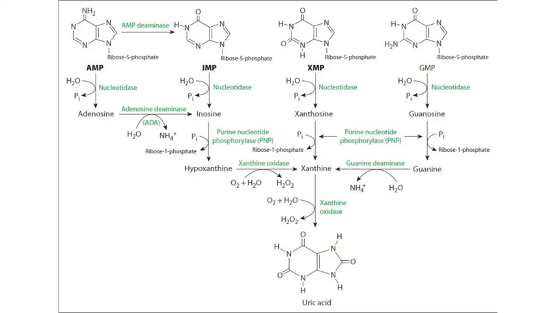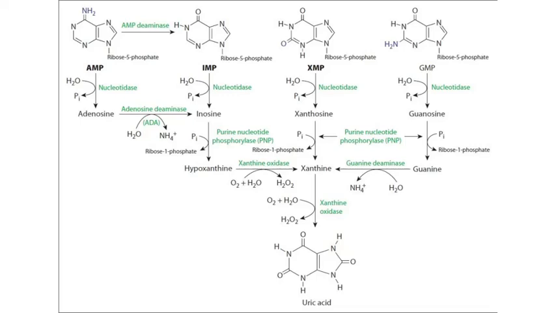Now, the animals have another enzyme similar to the drug rasburicase, which is a urate oxidase and turns uric acid into allantoin, which is also easily excreted in the urine. Exactly.